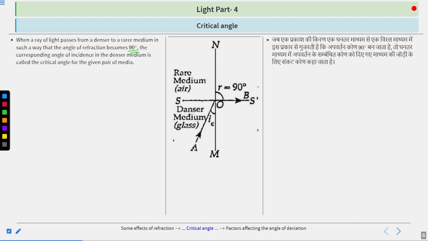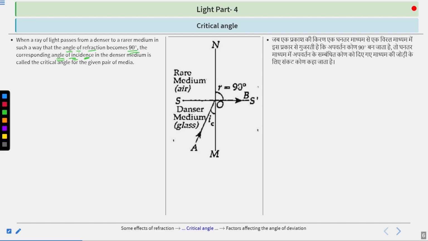For example, this is the light coming from a denser medium to a rarer medium. This is the angle i, the angle of incidence. This is angle r, the angle of refraction. Generally, as per Snell's law, the normal case is what we see. But here we are not taking this normal case into consideration.